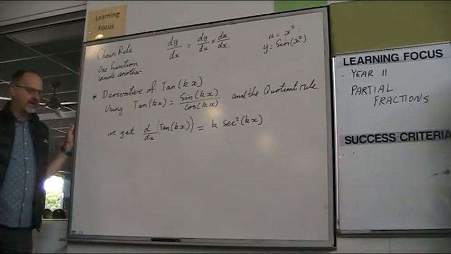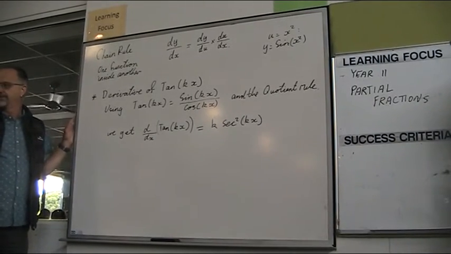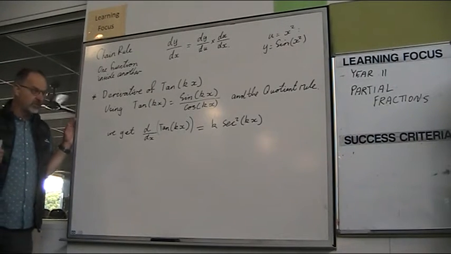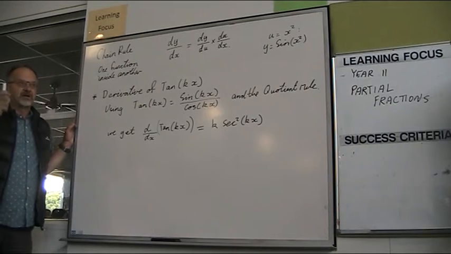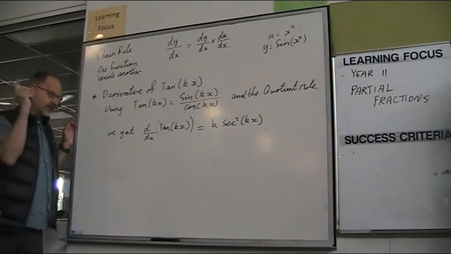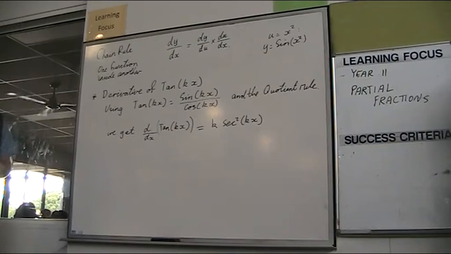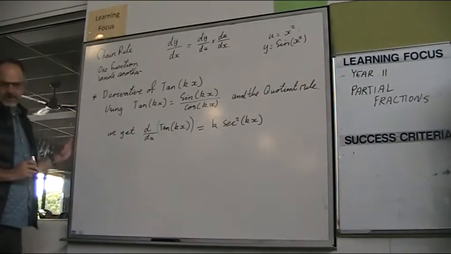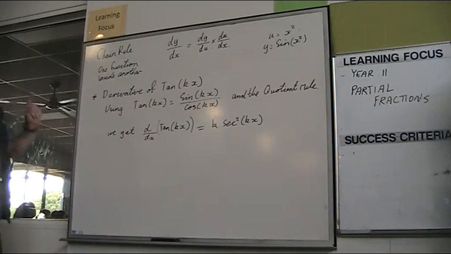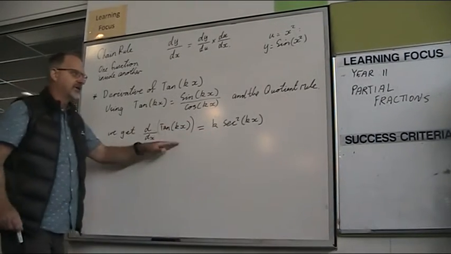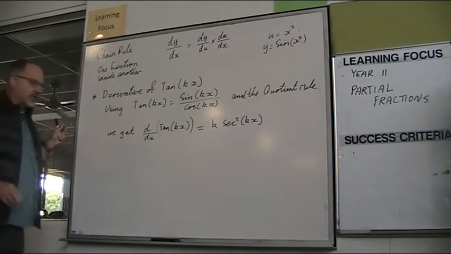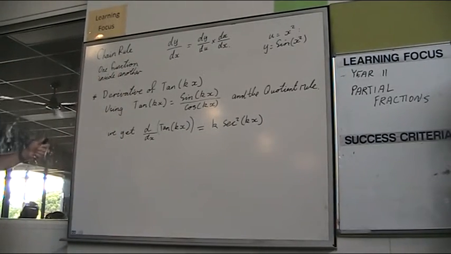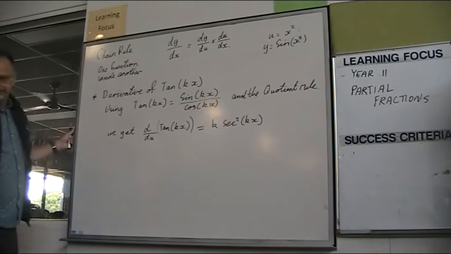Again, that's on your formula sheet. There's a few things on the formula sheet: the normal polynomial, exponential, log, sine, cos, tan. They're all on the formula sheet. So what we're going to do is use that pattern, that relationship. You could also use first principles and get that, but that's very messy and takes quite a long time.